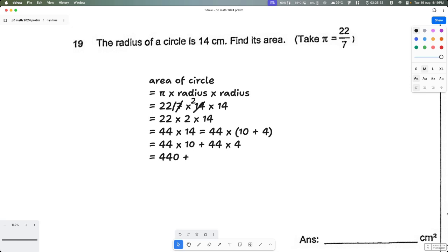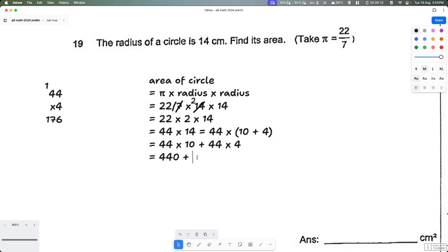I'm just going to do 44 times 4. 4 times 4 is 16. Put 1 here. 4 times 4 is 16 again, plus 1, 176.